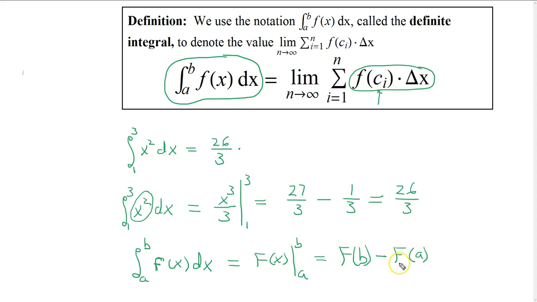And this, once again, is where capital F is the antiderivative for little f. This is our fundamental theorem of calculus that we will be getting to in another lesson.